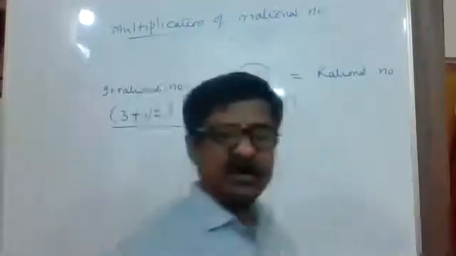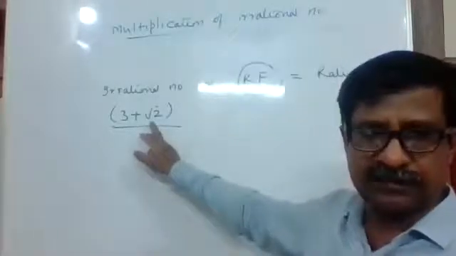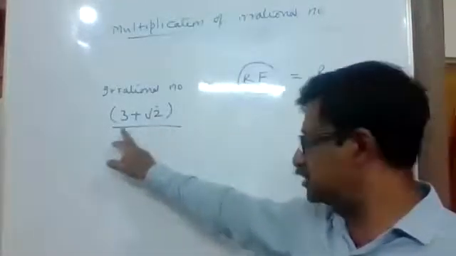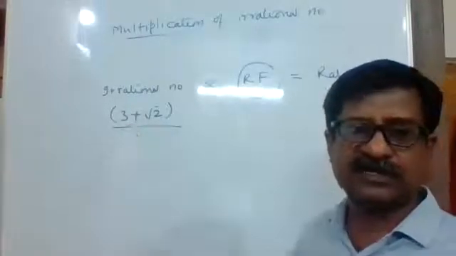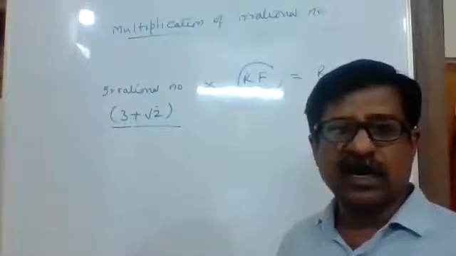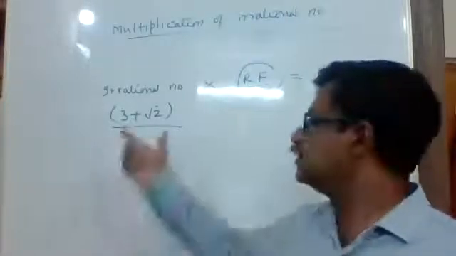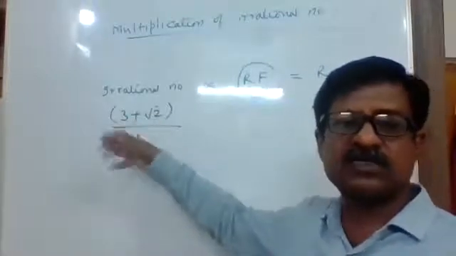Why is it irrational? Because we are getting the root sign. Why is it a binomial? Because 3 and root 2 are separated by a plus sign, either plus or minus sign. If they are separated, then it is said to be a binomial. And we have learned that the rationalizing factor of this binomial is its conjugate.